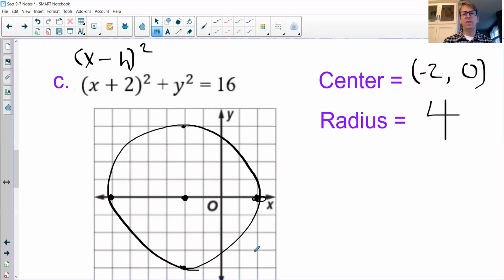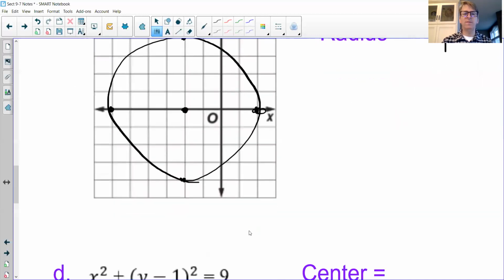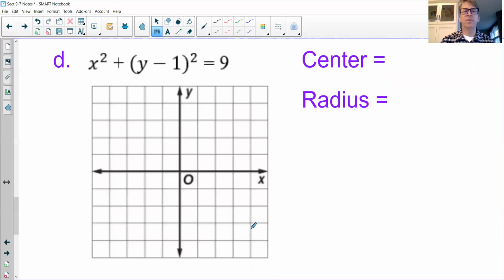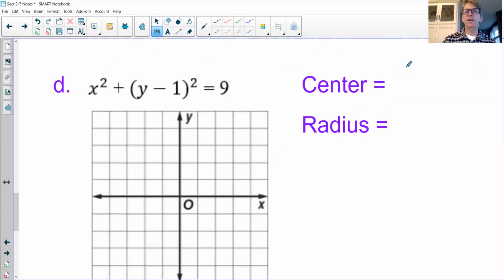Okay, last one on this page is D. Okay, so hopefully you're starting to get the hang of this here. And this one, you can see the h pretty easy. The h is 0, okay, because it's x squared. So x minus h quantity squared.